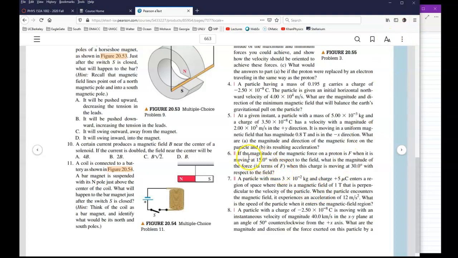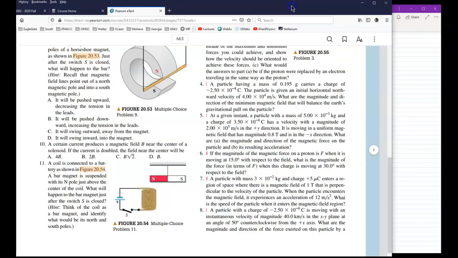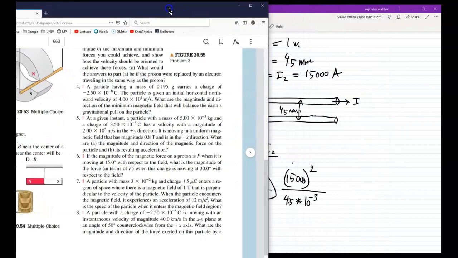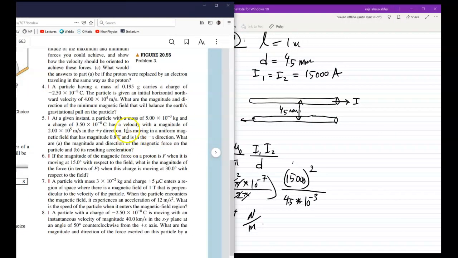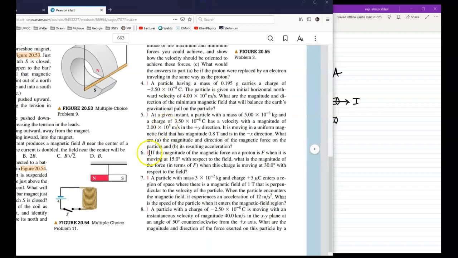It says if the magnitude, let me just move it to the center, sorry. He says if the magnitude of the magnetic force on a proton is F when it is moving at 15 degrees with respect to the field, he didn't give you a number, he just says F, what's the magnitude of the force in terms of F when this charge is moving at 30 degrees with respect to the field?